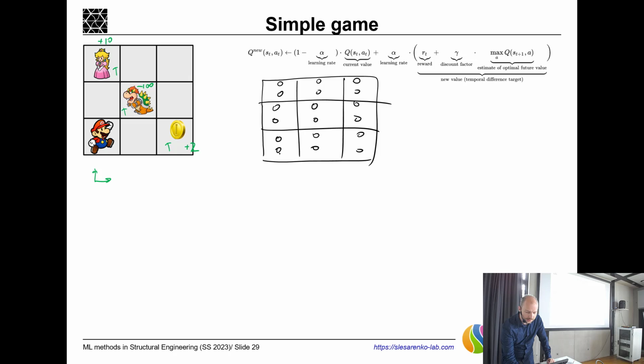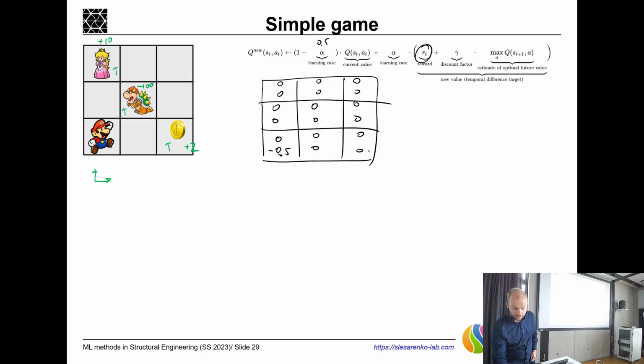And therefore, what would be the state after we go right? We have a reward of -1, and imagine that our learning rate is 0.5. So when we move from here to here, this value drops to minus 0.5. We make a decision, we go right, we see 0 here, and we have a reward of -1. So we have minus 0.5. Clear? Again, let's say we decided to go right as well.